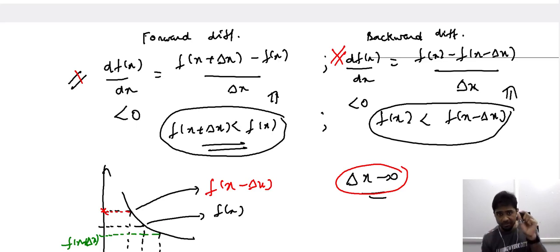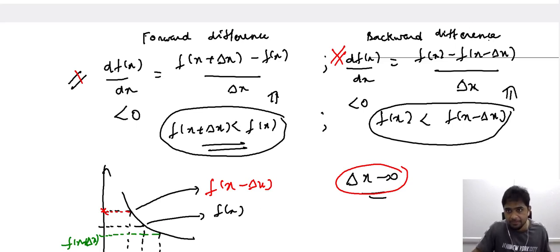You can describe the derivative using a forward difference approach or using a backward difference approach. This is the forward difference description of a derivative. This is the backward difference description of a derivative.